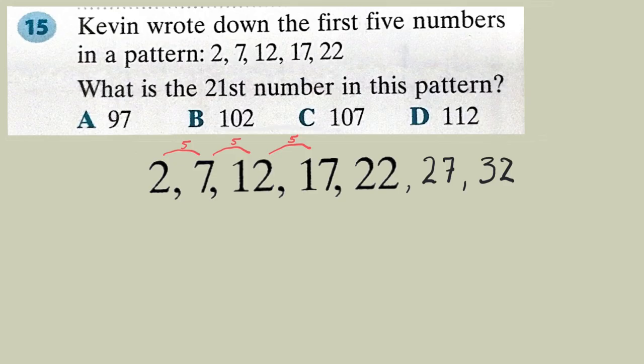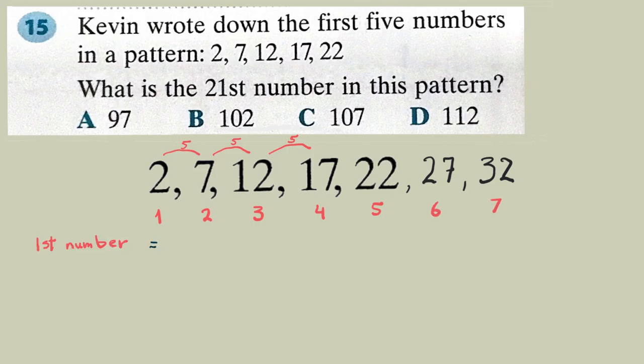Now, first of all, if we start with number 1, this is number 1, this is the second number, this is the third number, this is the fourth number, this is the fifth and sixth and seventh and so on, okay?